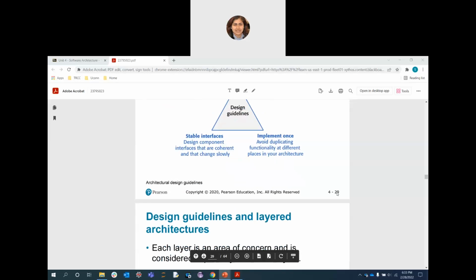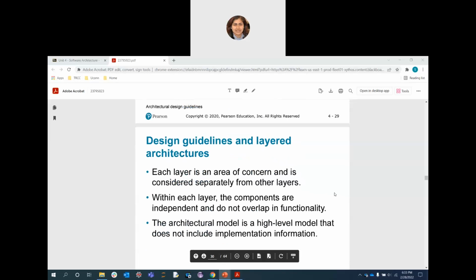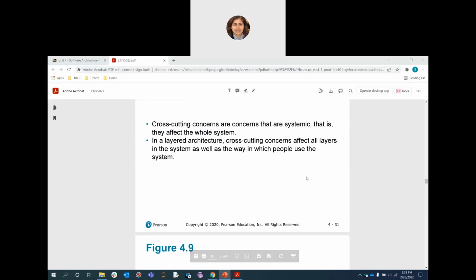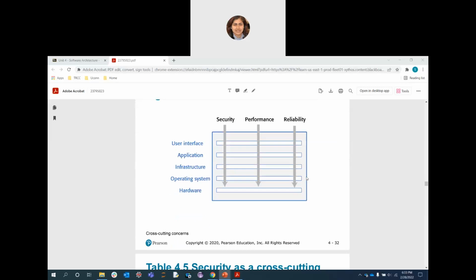I'm not going into details of all this theory, the design guidelines, layered architecture, cross-cutting concerns.